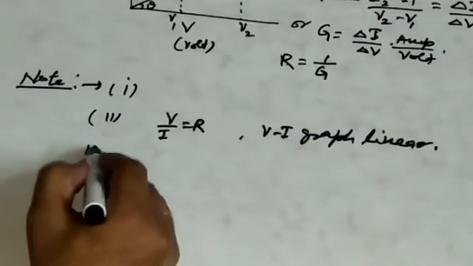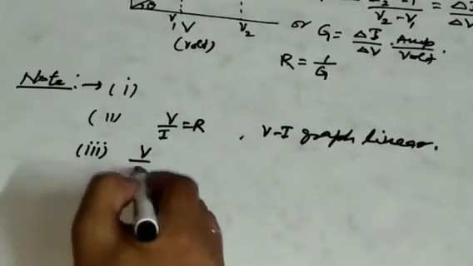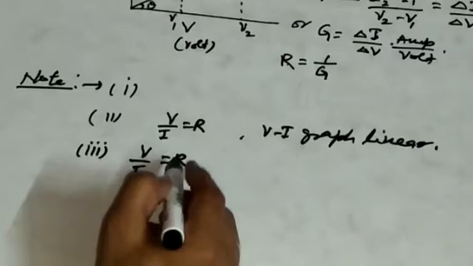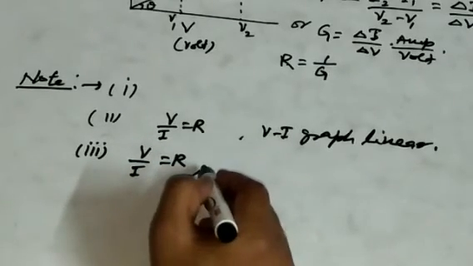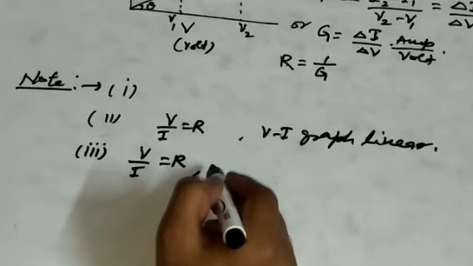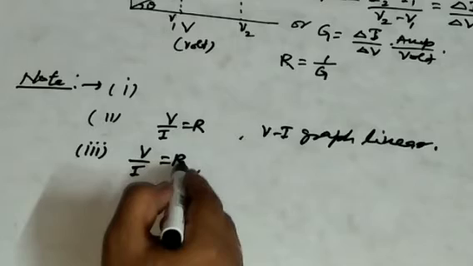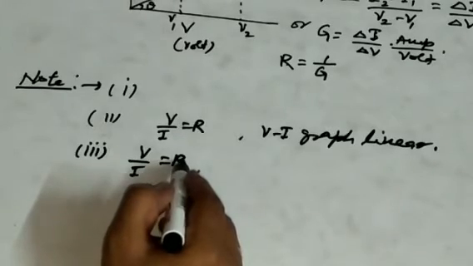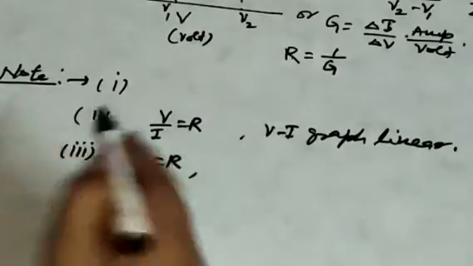And third point, this relation V upon I is equal to R is the definition of resistance of a conductor, whether the conductor obeys Ohm's law or not. It means with the help of this we can find the resistance of any conductor, whether that conductor obeys Ohm's law or not.